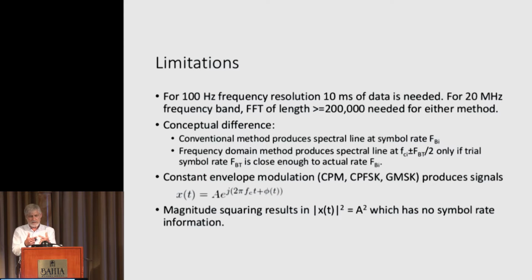So you shift that, and then you try at each of those shifts whether that band-limited correlation is going to give you a peak in the frequency domain or not. And only if you hit with your trial baud rate, if you are close enough to the actual baud rate, you're actually going to get the peak.